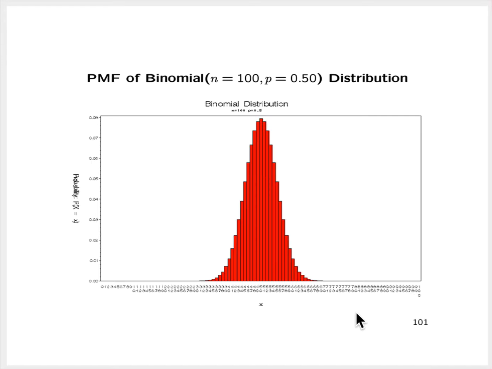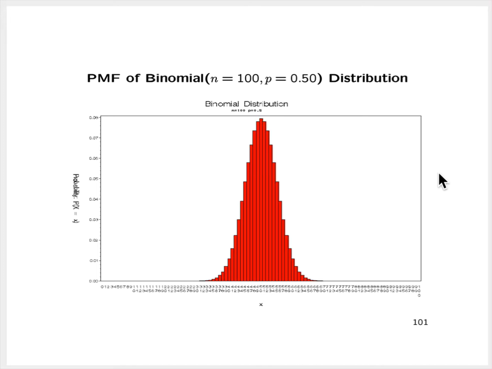And so you're probably seeing some trends, and you probably are getting a pretty good idea of the shape of a binomial distribution for various values of p. When p is equal to 0.5, you would probably expect now, based on these examples, that the binomial PMF is going to be symmetric.